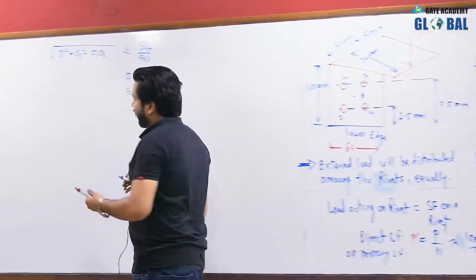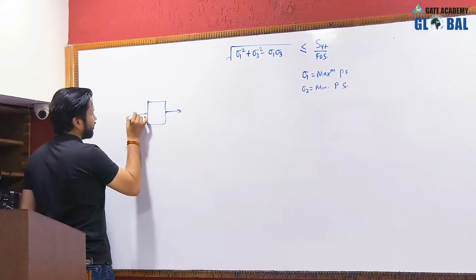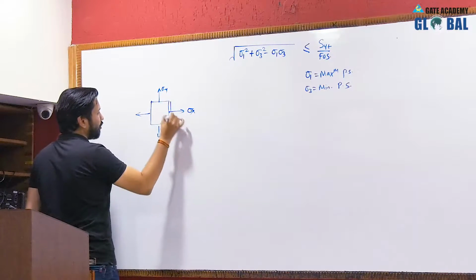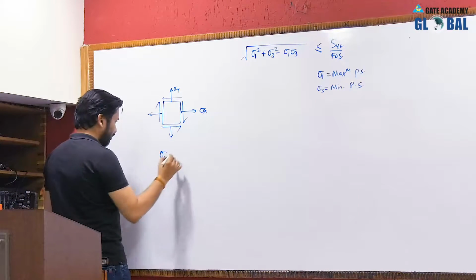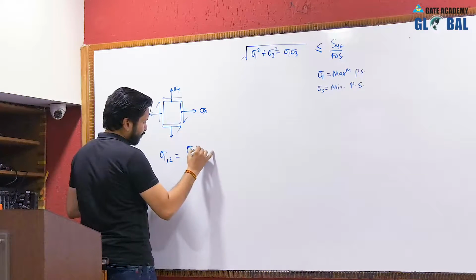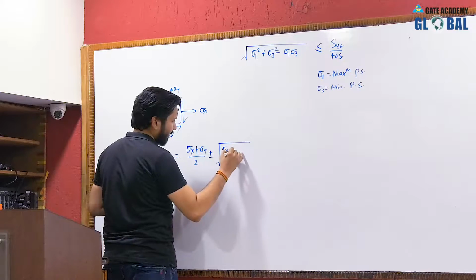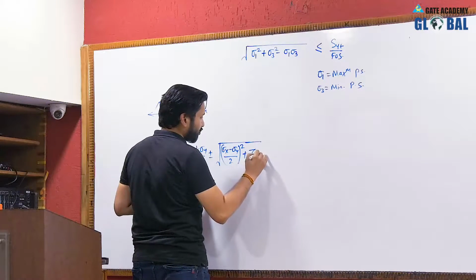You can find that if you have a biaxial state of stress like this, this is sigma x, this is sigma y, and this is tau xy, then you can use the formula sigma 1,2 equal to (sigma x plus sigma y)/2 plus minus the root over ((sigma x minus sigma y)/2) whole square plus tau xy square.